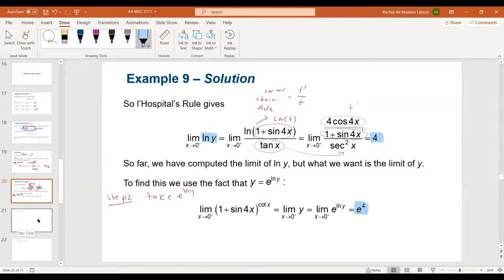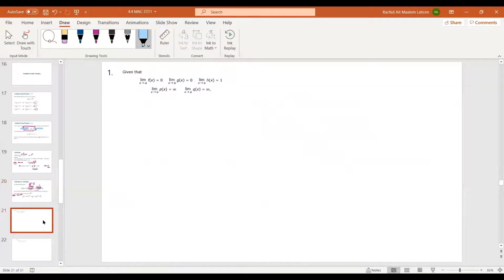So let's look at some examples here from the homework. We need to summarize everything that we did, so I'll begin with these cases. Let's say that we have these limits as x approaches a. Let's discuss some cases.